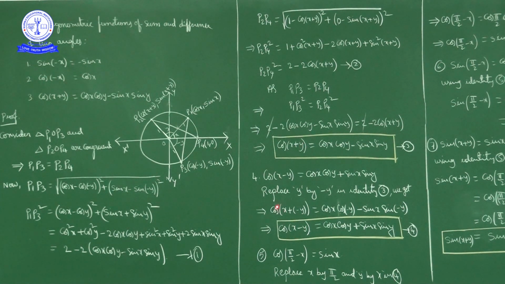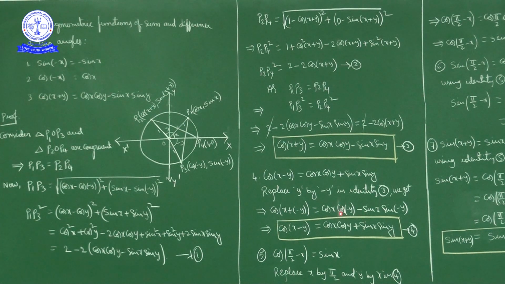So what we get: cos of x plus, in place of y, we are writing minus y. So cos of (x plus minus y) is equal to, right hand side also in place of y we write minus y. So cos x into cos of minus y, minus sin x into sin of minus y. So plus into minus, cos(x minus y) is equal to cos x into cos of minus y.